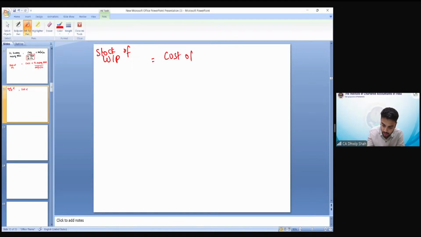So it would be cost of production multiplied by WIP holding period divided by 365, 12, 52. Correct?